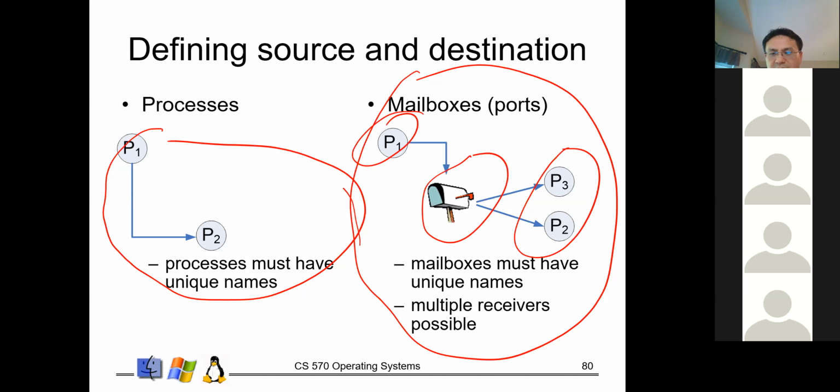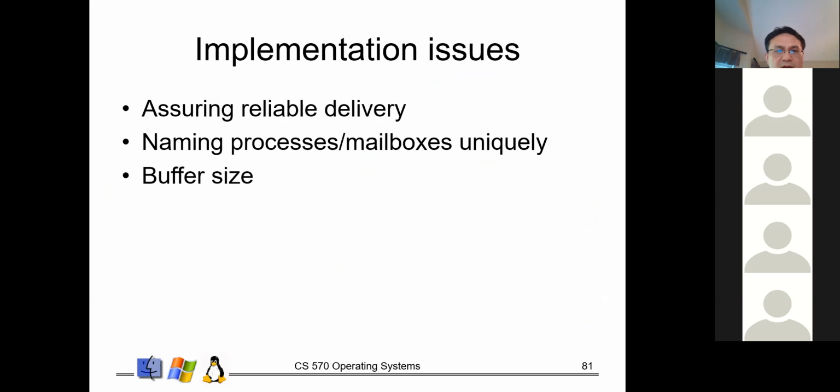Another issue is what happens when messages are lost or corrupted while they are on the route from the sender to the receiver. What if the messages are lost or corrupted? We need to look into these implementation issues.